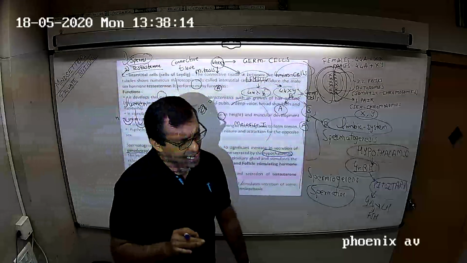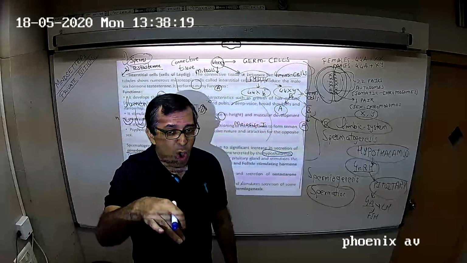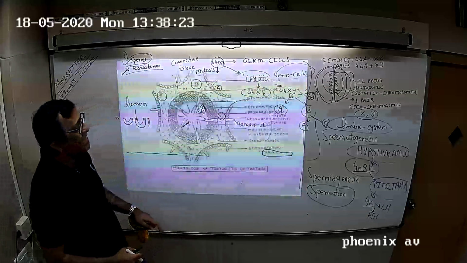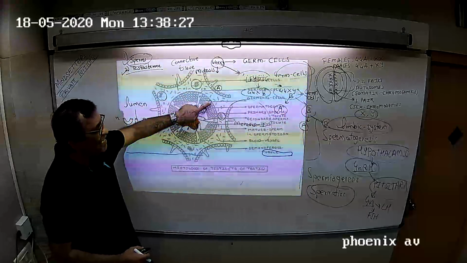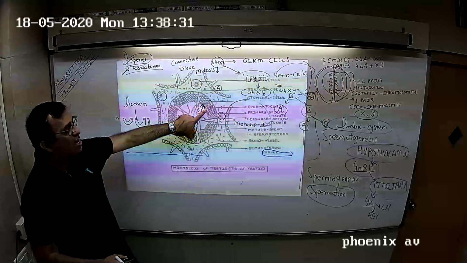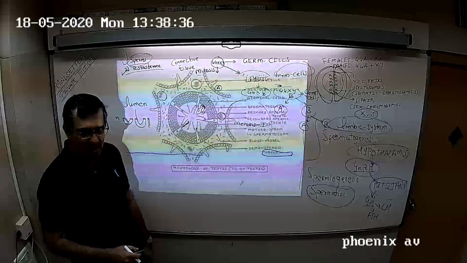Golden words, last few lines here. Follicle stimulating hormone stimulates your seminiferous tubule and stimulates germinal cells to start undergoing spermatogenesis.